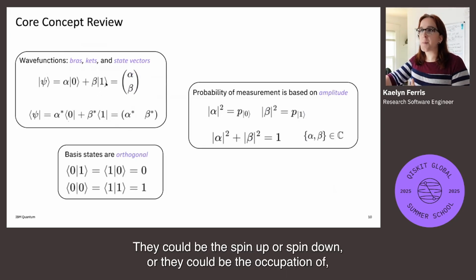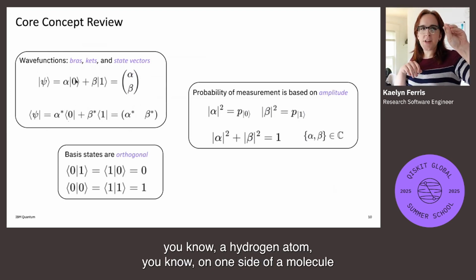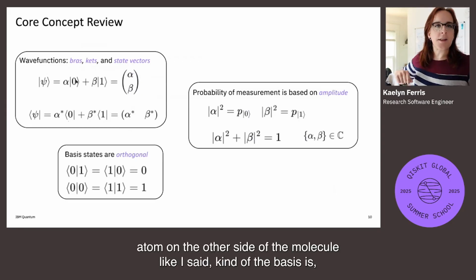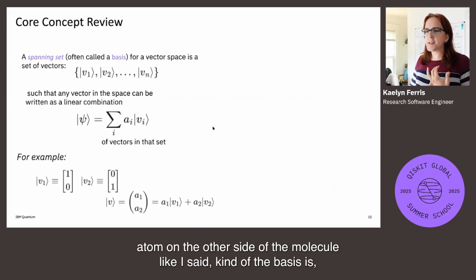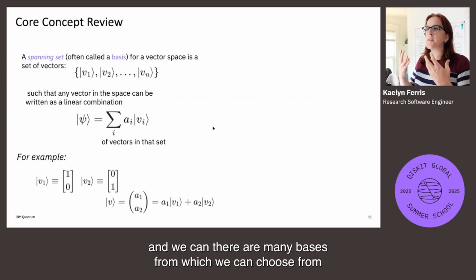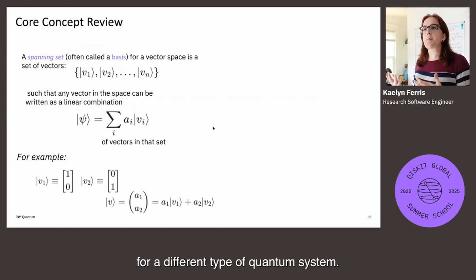They could be spin up or spin down, or they could be the occupation of a hydrogen atom on one side of a molecule and a carbon atom on the other side of the molecule. Like I said, the basis is how we actually describe a particular wave function. And there are many bases from which we can choose for a different type of quantum system.